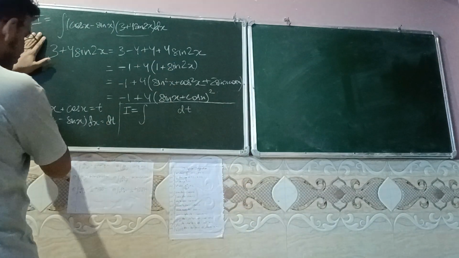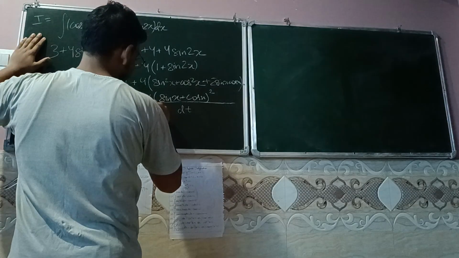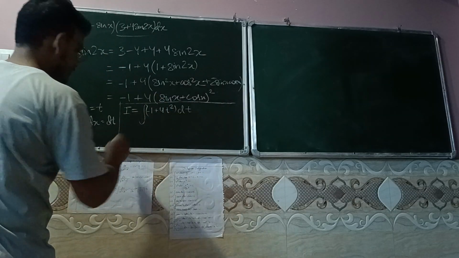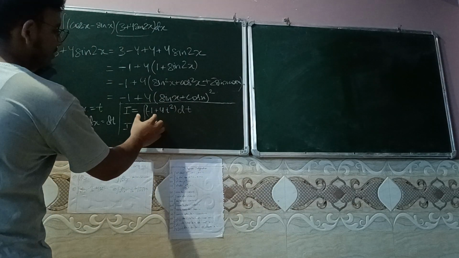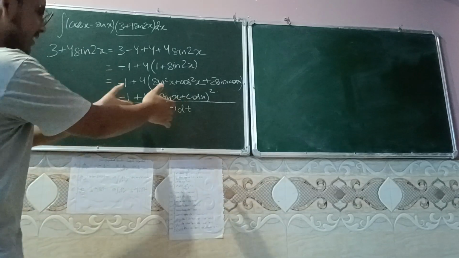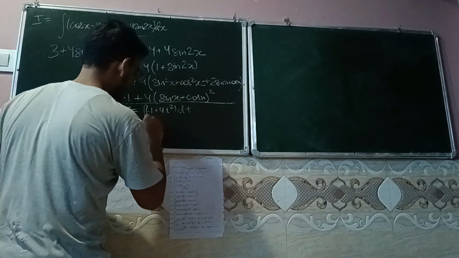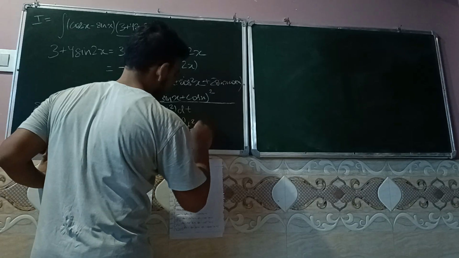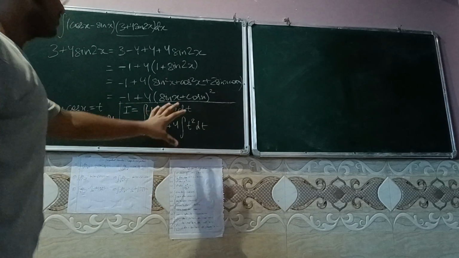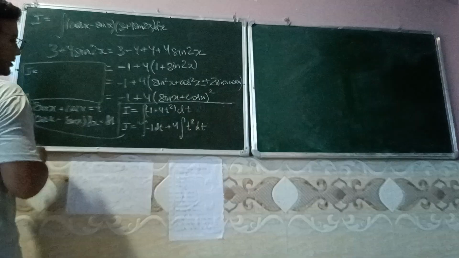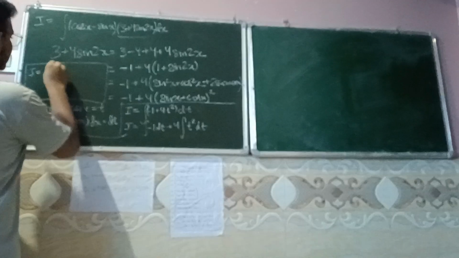So negative 1 plus 4 t square, right? Now you can break it down: our integral will be -1 dt plus 4 times t square dt. This is very simple to understand, and I'm writing it here. So I is nothing but negative of t.